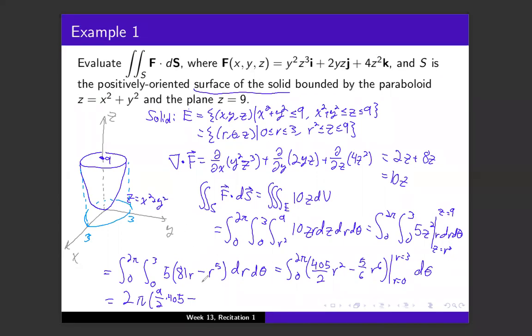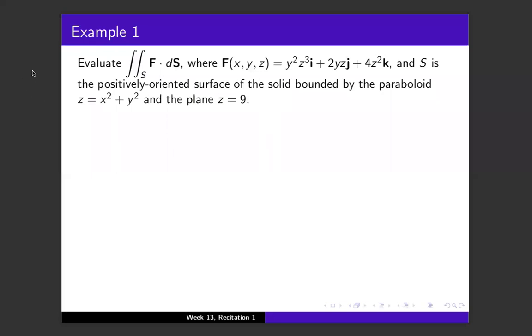So that's good enough. This becomes minus 5 halves times 243. And you can clean that up a little bit. I won't go through the whole thing because it's kind of silly at this point, but it's 9 times 405 minus 5 times 243 times pi. That's about all I really care to do to go through this whole thing. That's our final answer, though.